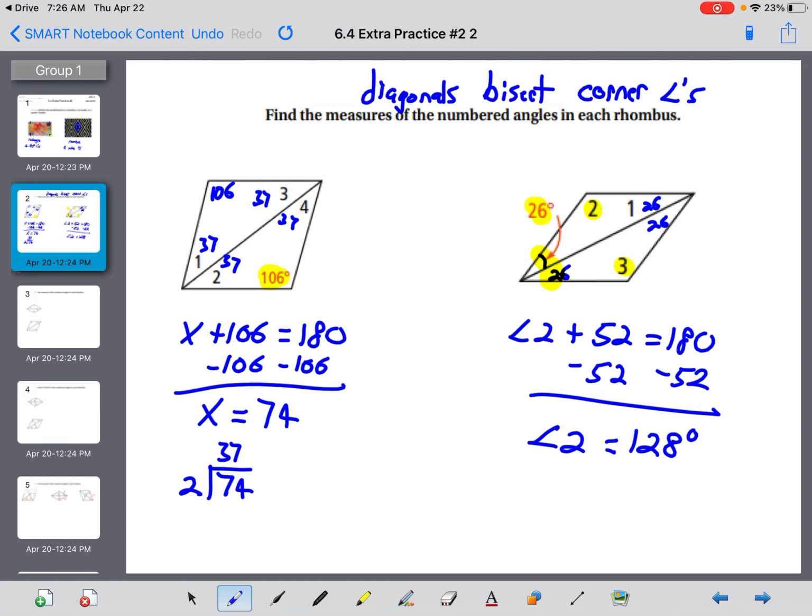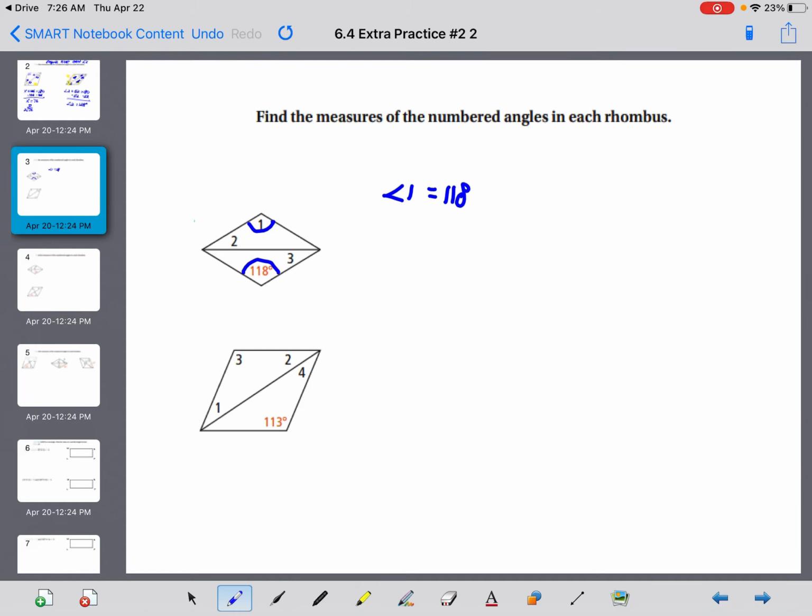Find the measure of the numbered angles in each rhombus. So again, we have angle 1, which is the same as 118. So angle 1 is 118. Okay? Now, all we need to do is take 180 and subtract 118 from it. 180 minus 118 is 62 degrees. So that means the entire angle here and here are 62.